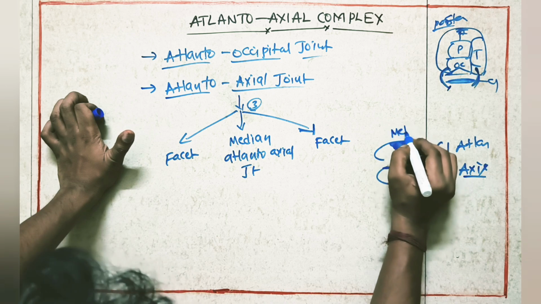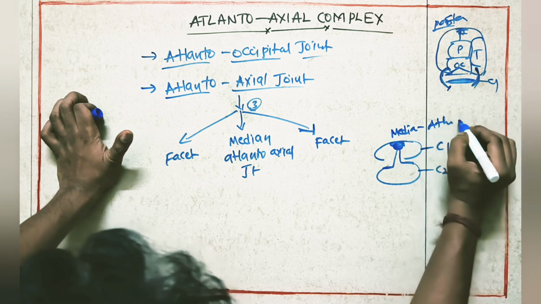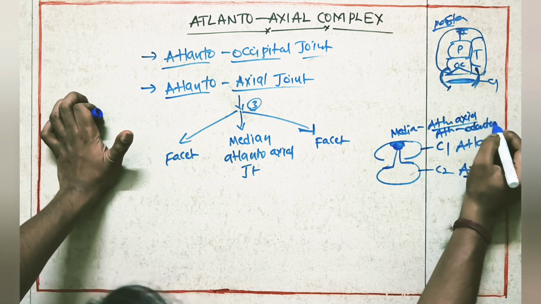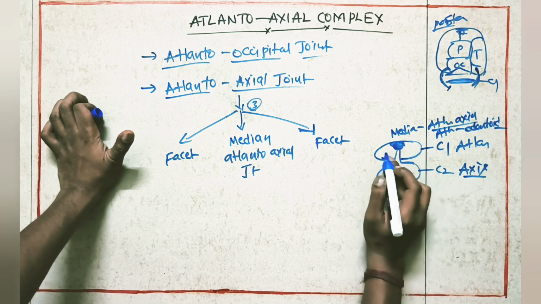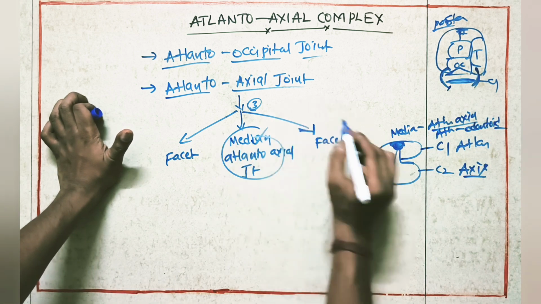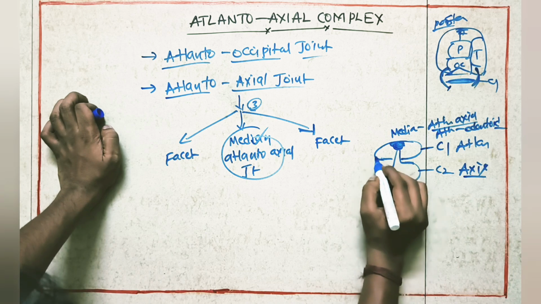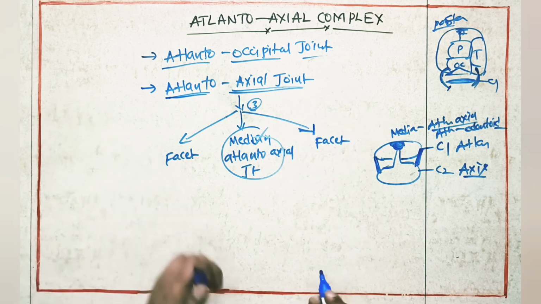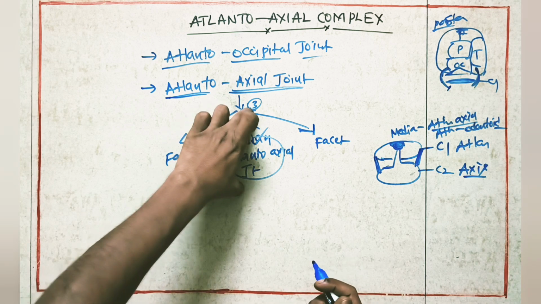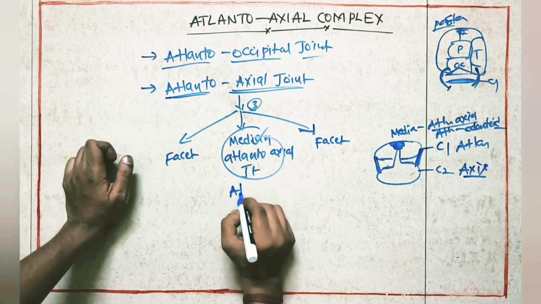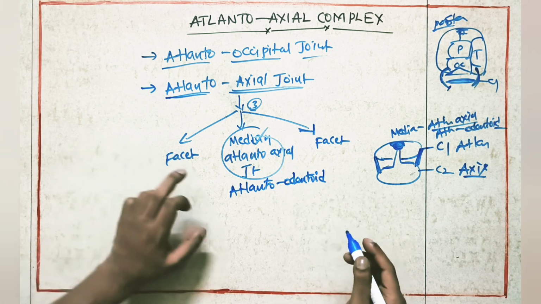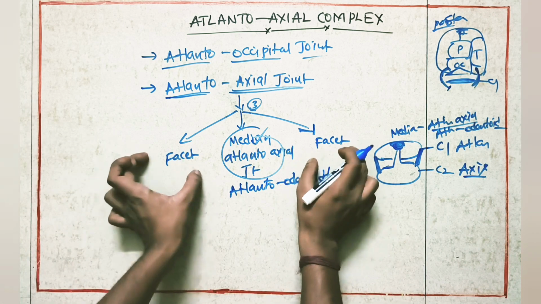So this is the median atlantoaxial joint, otherwise the atlanto-odontoid joint. This is one joint, and at the same time, on the sides, one facet joint will be there on this side and one on this side. So the atlantoaxial complex is formed by the median atlantoaxial joint, otherwise the median atlanto-odontoid joint, and two side facet joints.